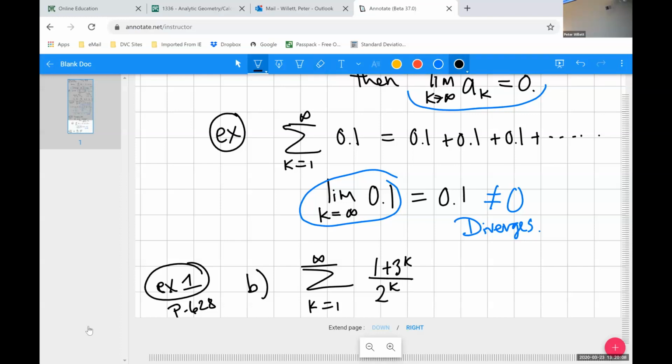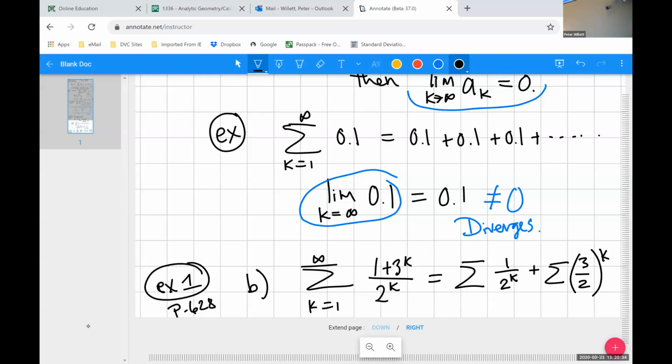The book kind of splits this into two and says you could consider this as the series of 1 over 2 to the k plus the series of 3 over 2 all to the k, because I could just divide the 2 into each of these two terms in the top.